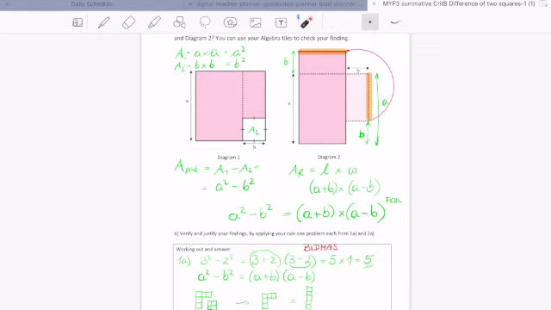All I've done is I've taken these two and put them up here. And why is that interesting? Because when you look at the area of this rectangle now, this is a simple rectangle, right?